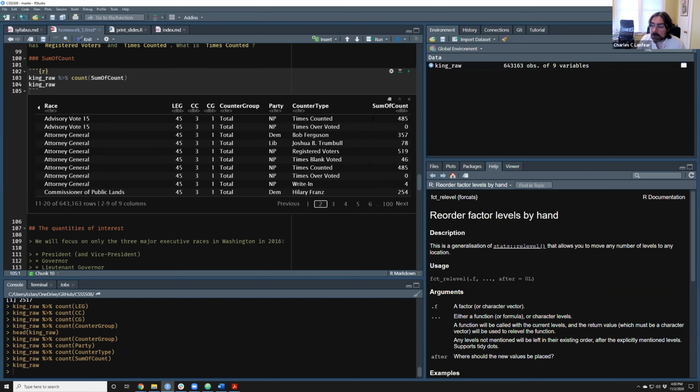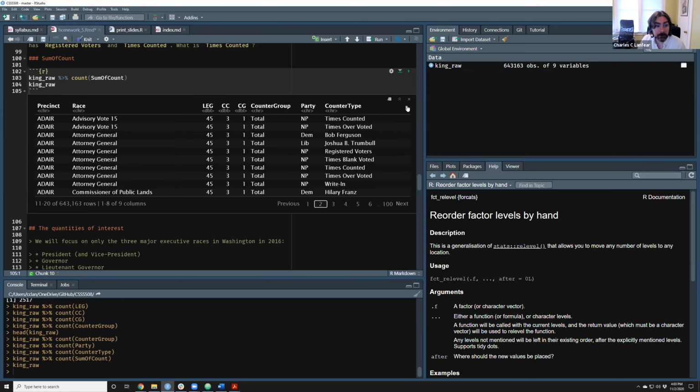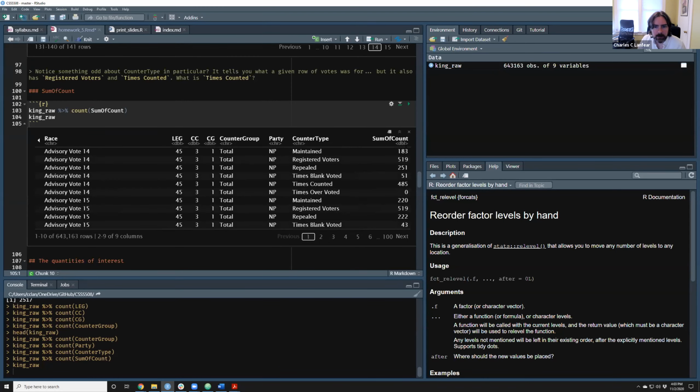So let me ask you, what in plain language does this number tell us about Adair and advisory vote 14? This row here, we have 183. What does this tell us?